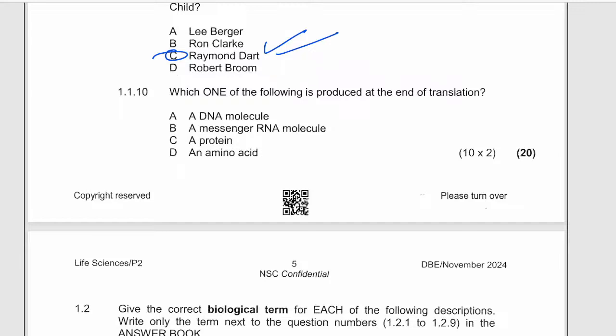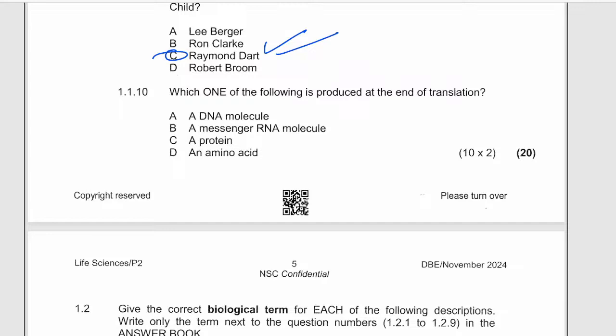All right, which one of the following is produced at the end of transcription? I said it. I said that end of transcription. What is transcription? Transcription is the formation of the messenger RNA. Translation is the formation of the polypeptide chain. If the amino acids are more than 50, therefore it becomes a protein.